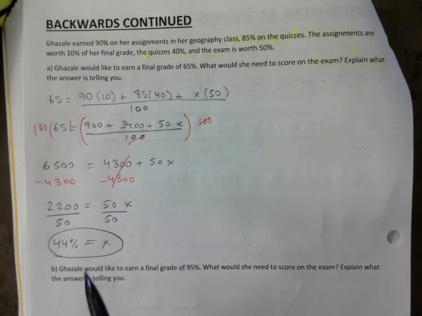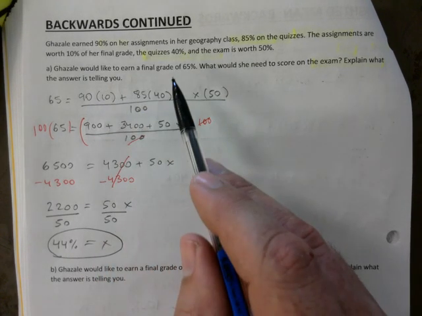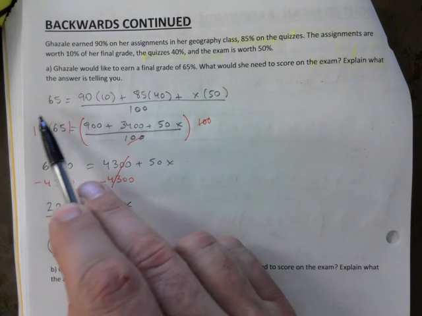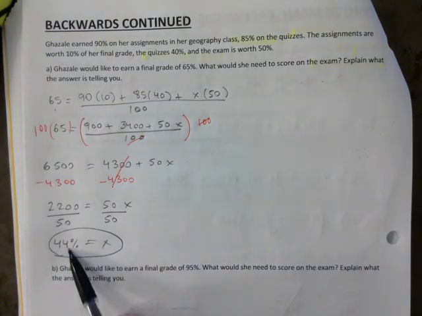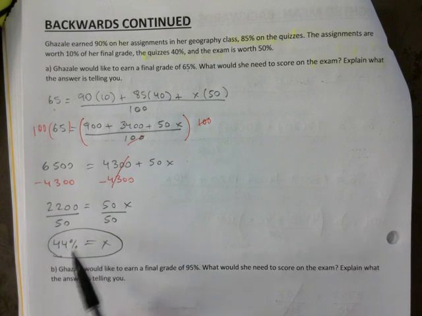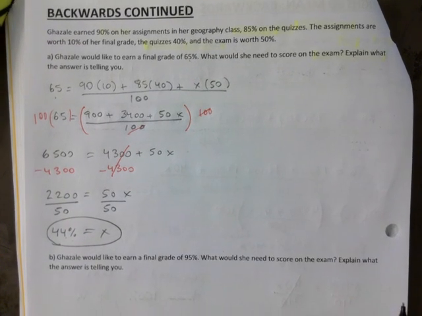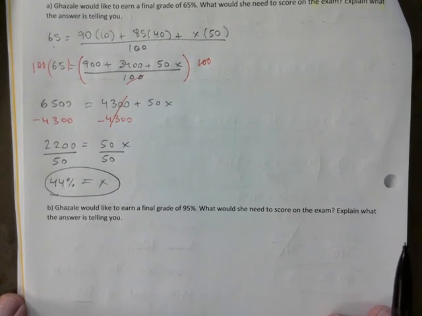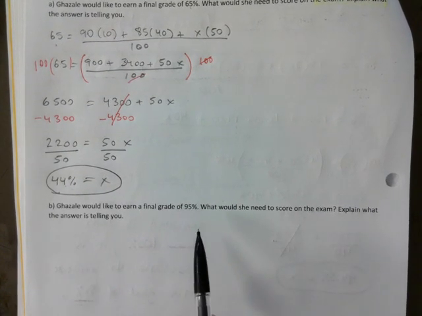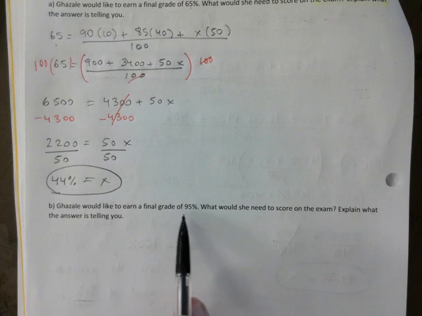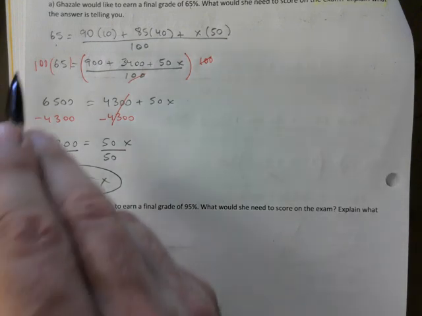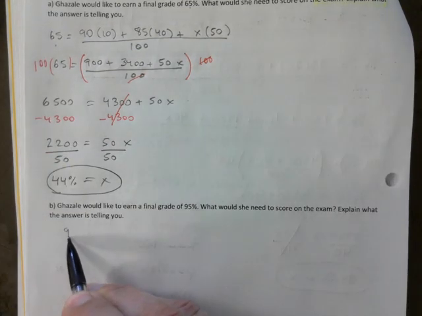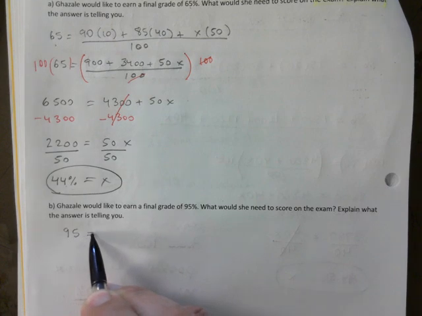so if she wants an average of 65, she only needs to score 44% on the final, right? So it's not bad at all. And then I have a B part. She wants a 95 on the final, so it's just minor changes to copy, paste, and insert the new information.